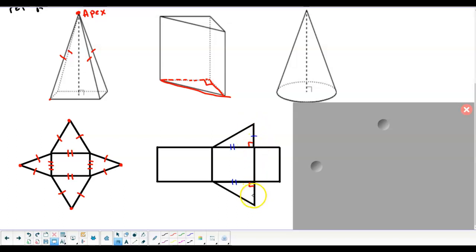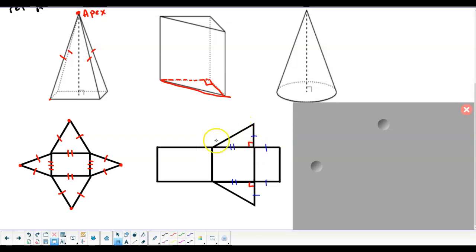Well, that short side has to match up with this short side, but it also matches up with these 2 side lengths. Because if I was to fold this rectangle straight up off the page and fold up with this triangle, these 2 side lengths would meet, so they would have to be the same side length as well.